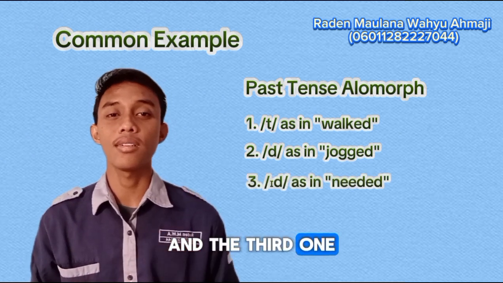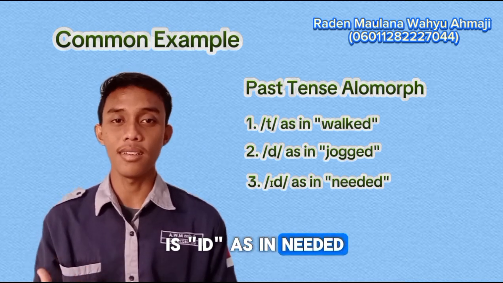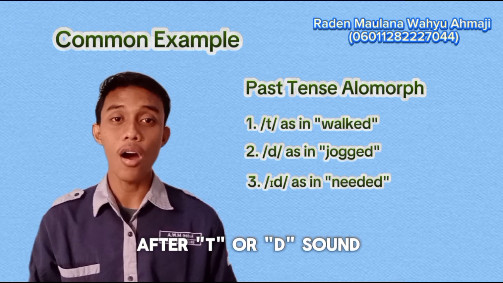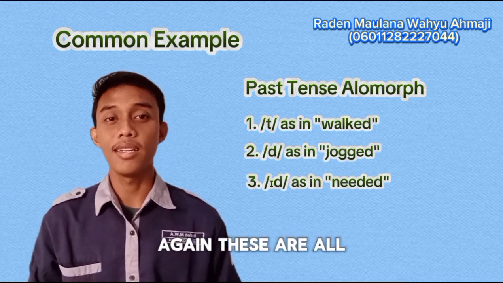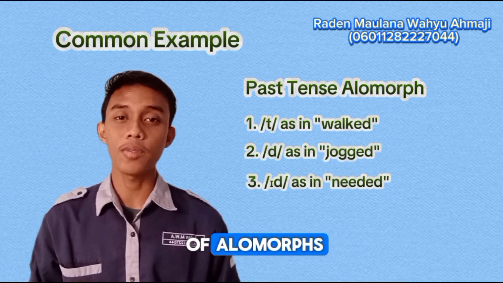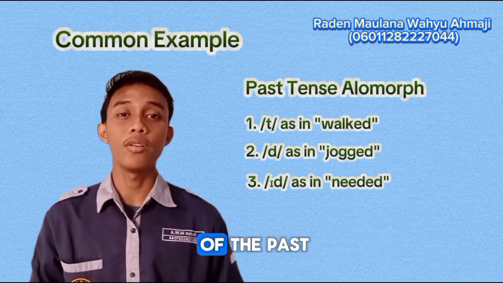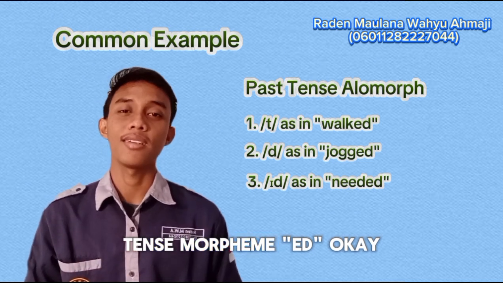And the third one is -id, as in needed, after t or d sounds. Again, these are allomorphs because they are variations of the past tense morpheme -ed.